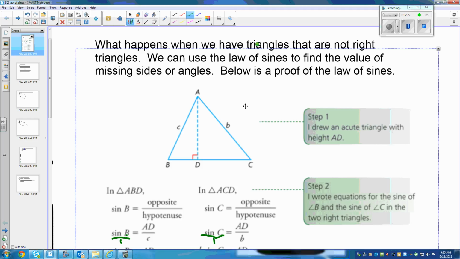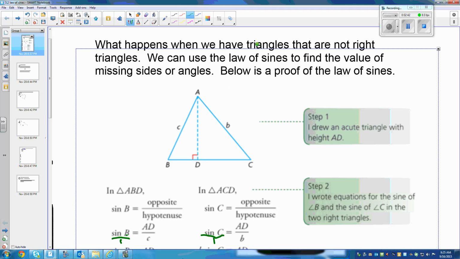And now I can solve a few things. So in triangle ABD, if I want to know angle B, I can write sine B is equal to opposite over hypotenuse.